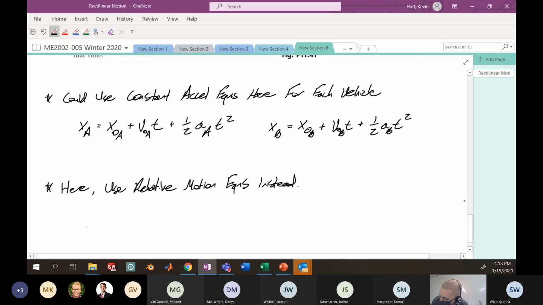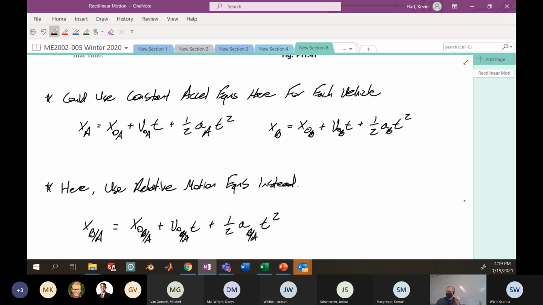So what I mean is I want to do the position of B relative to A is equal to the initial position of B relative to A plus the initial velocity of B relative to A times time plus 1/2 the acceleration of B relative to A times time squared. Instead of working both of those equations above independently, maybe we can do something that looks a little bit more like this.